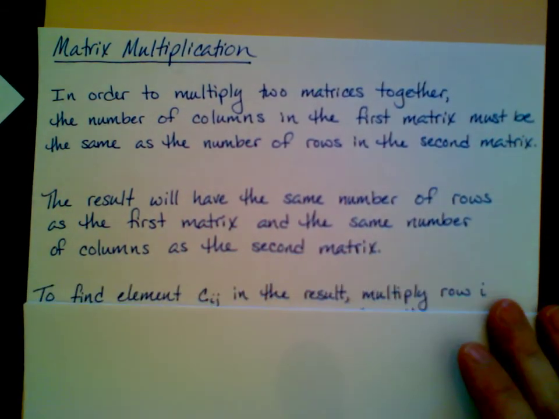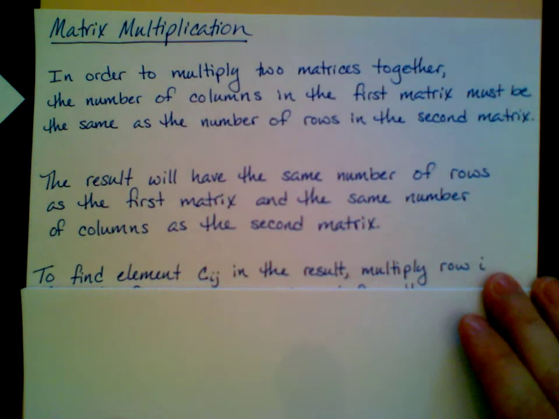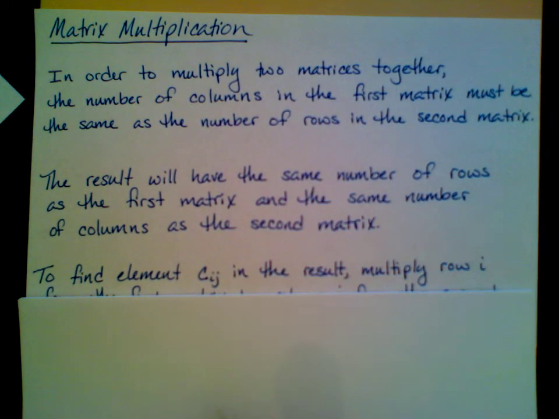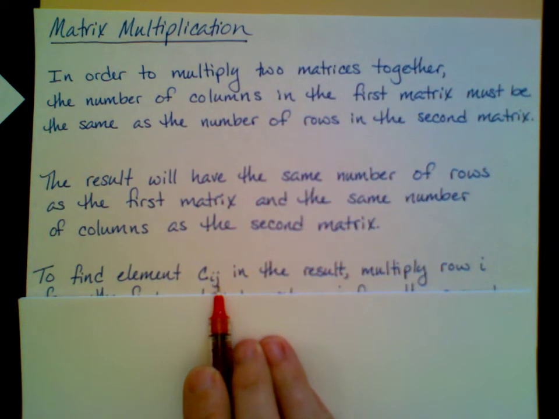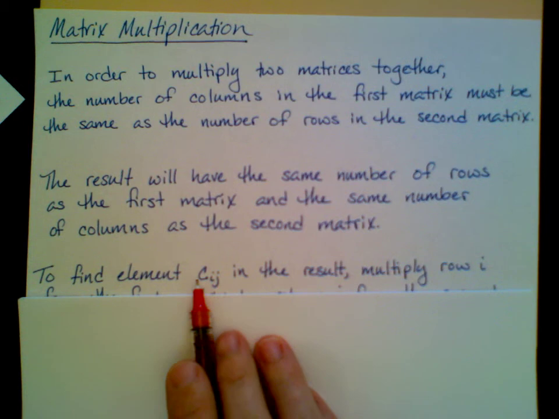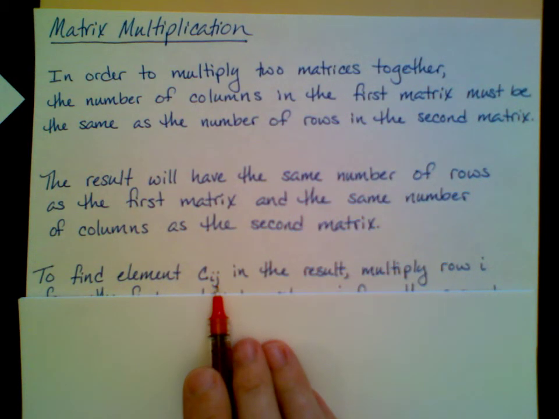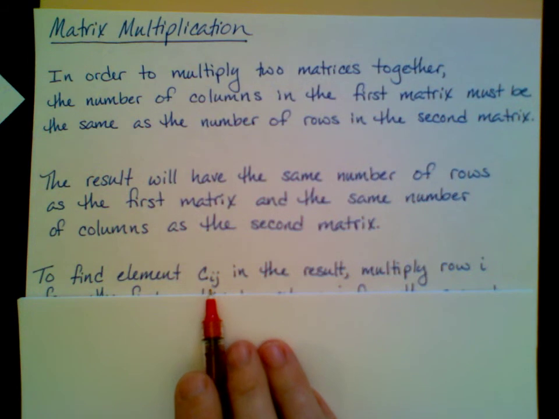So, remember our double subscript notation tells us, the first number tells us the row, the second number tells us the column. So C sub ij is row i, column j. Now, I do want to point out that this i is not the imaginary unit.